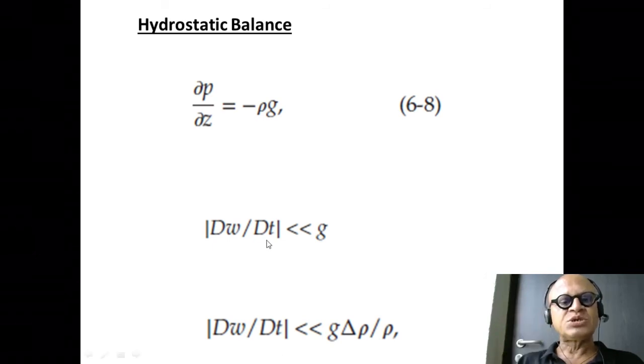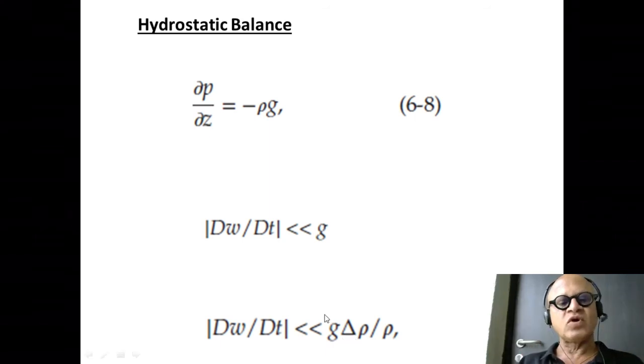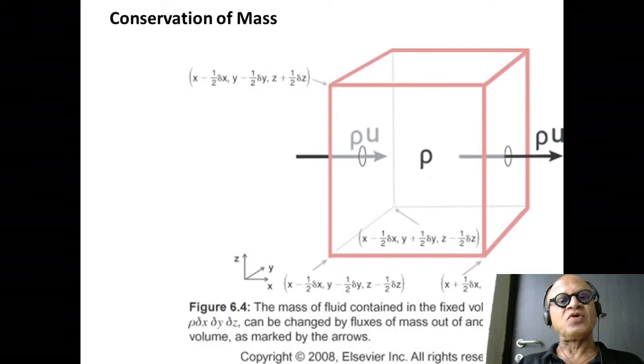So it's not just that dw dt has to be much less than gravitational force, but it is gravitational force times the relative change in stratification. So the reduced gravity is what matters. So dw dt has to be much less than g delta rho over rho. Okay, that's important to remember.